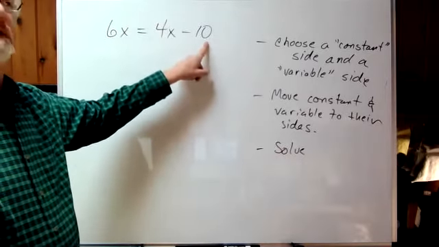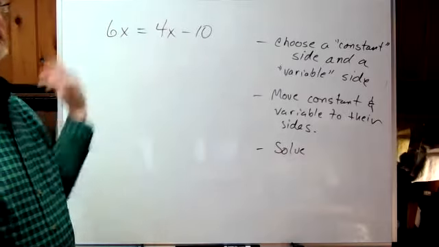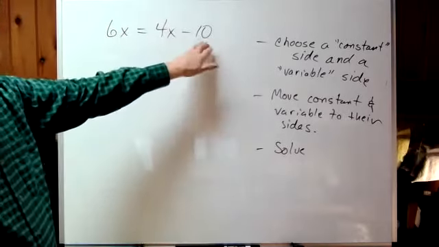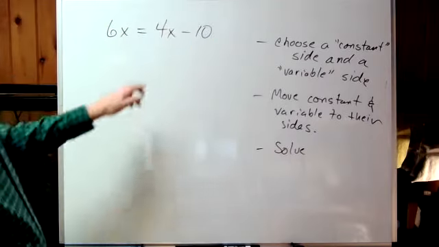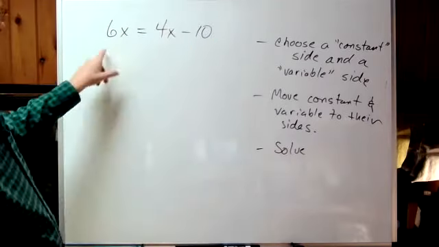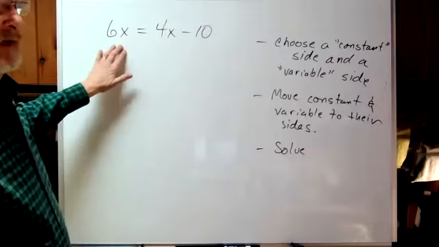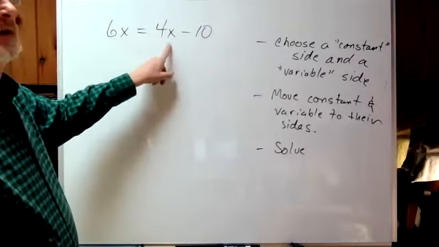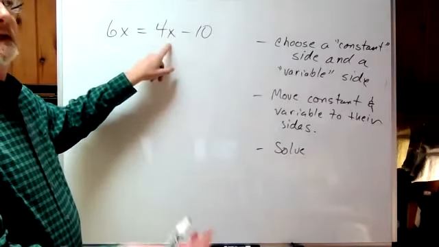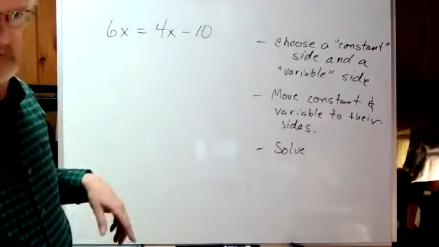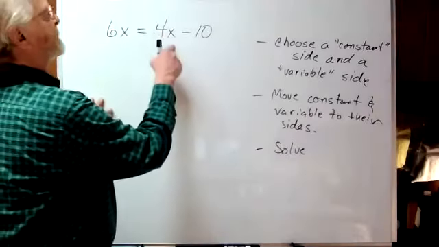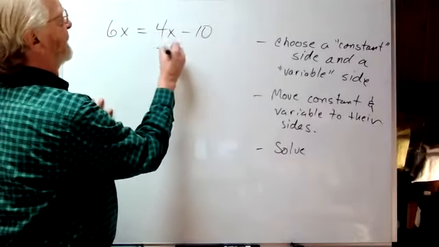So this time I'm going to move the variables all to one side and leave the constants there. Okay. So this is just variables, so I'm going to leave them here. I'm going to do what I need to do to get rid of the x's on this side, which always seems to introduce them on the other side, right? So I'm going to subtract 4 x's from this side.